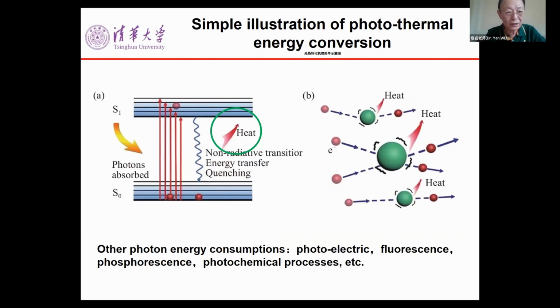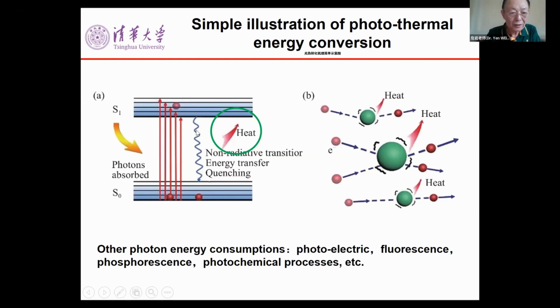When a material is exposed to sunlight or any light, an electron goes from the ground state to the excited state. Then there are several ways back: either it comes back emitting fluorescence, or does intersystem crossing and gives phosphorescence from the T1 state.